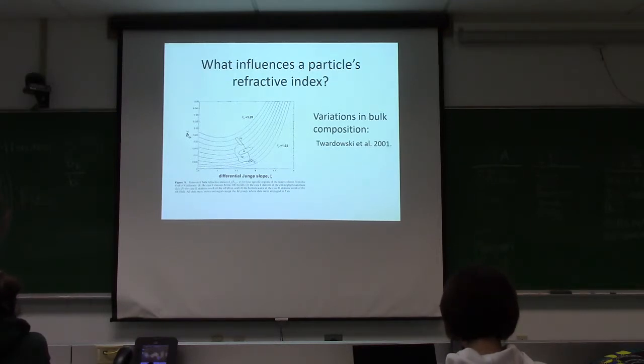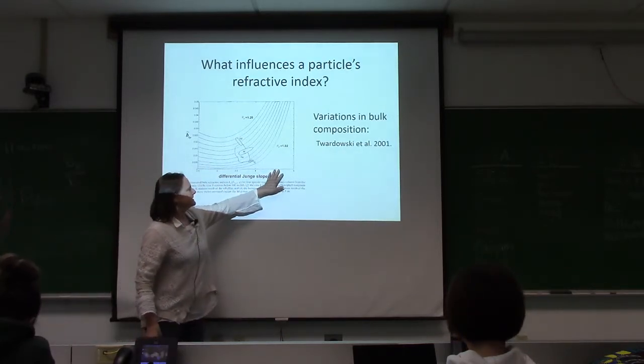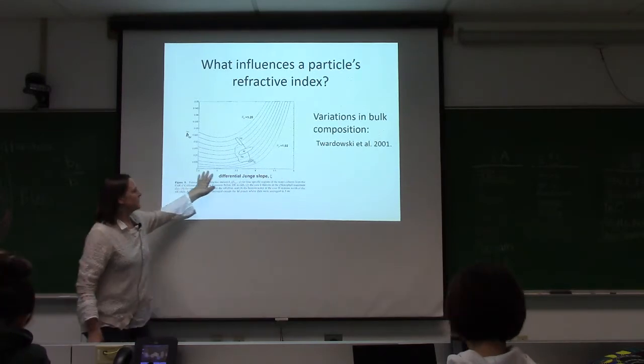If you have a steep slope, what does it tell you about the relative contributions of large versus small particles? More small particles. If you have a flatter slope, you have a bigger contribution of large particles than before. Not more large than small, but a bigger contribution of large particles. Okay. And so that's an indication of the size of the particles.